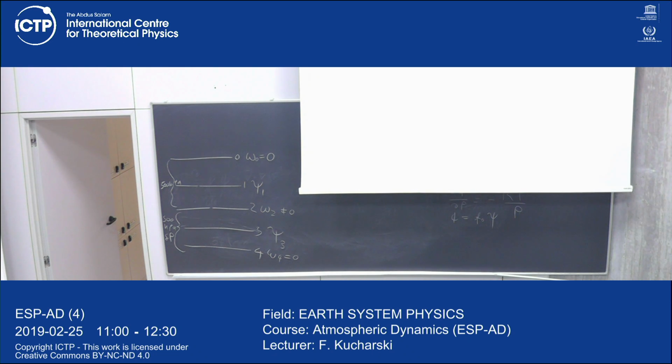So we can now add these two equations, the two vorticity equations at the two levels. If we add them, it's a way to get rid of omega altogether. So we add the two, we get rid of this here, and there's just one equation for the vorticities at the two levels.